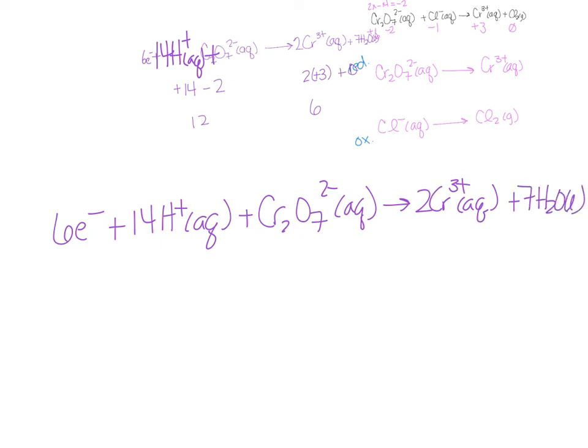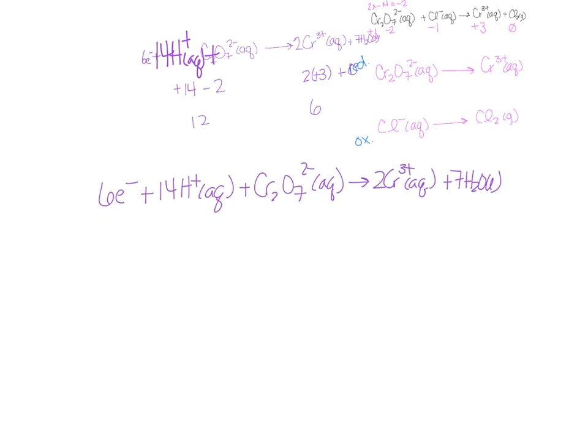Why don't you write aqueous for the electrons? They are aqueous for the electrons. I did write them as aqueous. Oh, you mean for the electrons? Oh, because the electrons aren't dissociated in solution. What does it stick to? They're attached to the other elements. They're coming from the other reaction.